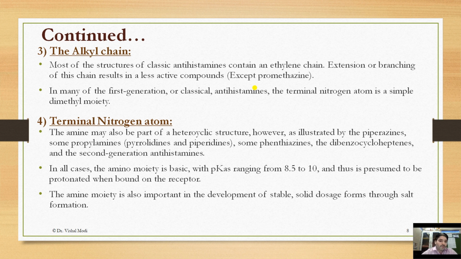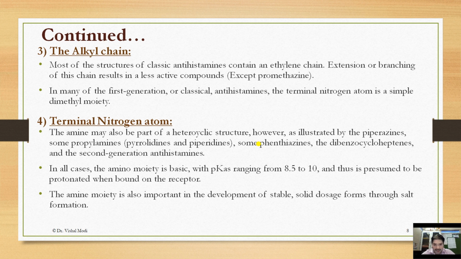Okay. Now we will discuss the SAR of the terminal nitrogen atom. The amine may also be part of a heterocyclic structure, as illustrated by the piperazine, some propylamines in pyrrolidines and piperidines, some phenothiazines, the dibenzocycloheptanes and heptenes, and the second generation antihistamines.